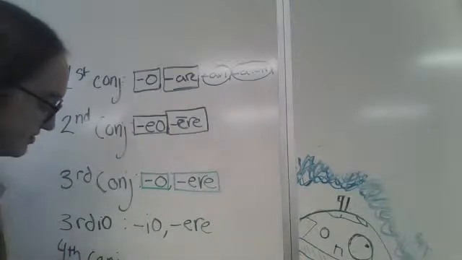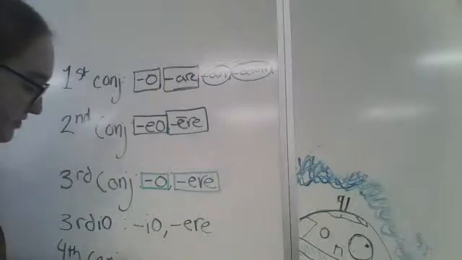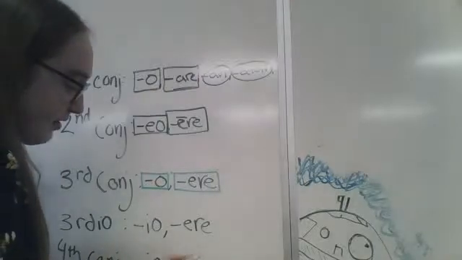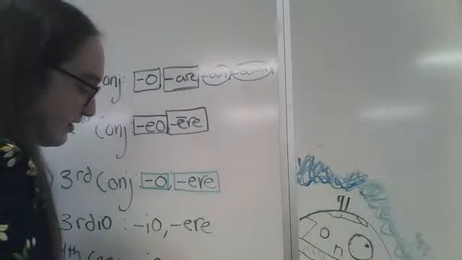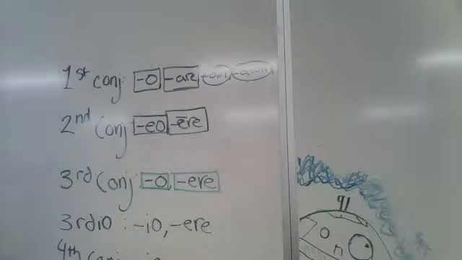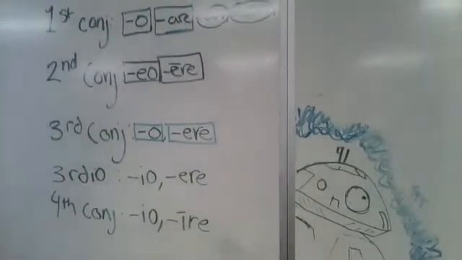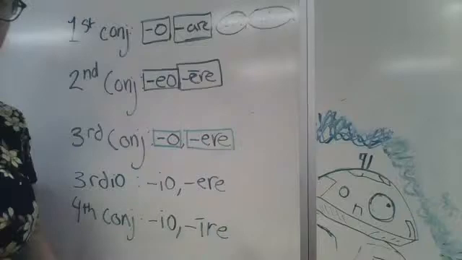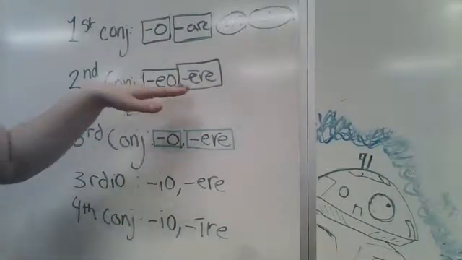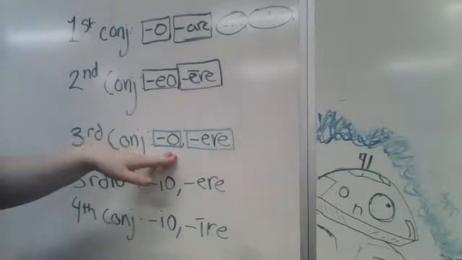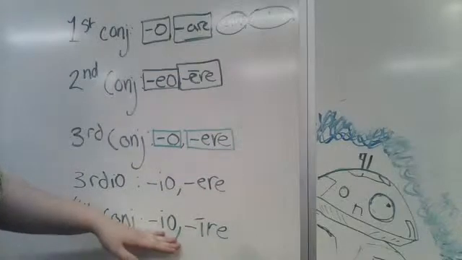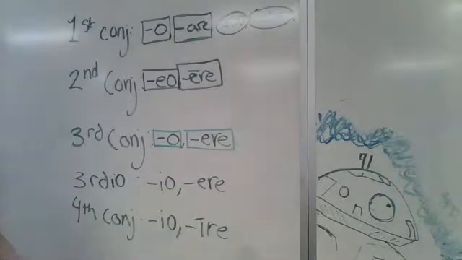Fourth conjugation is also going to be an IO, but the second part is going to be IRE. And that is how you differentiate between all of the conjugations of verbs. So we have O, ARE, EO, ERE, O, ERE, IO, ERE, and IO, IRE.